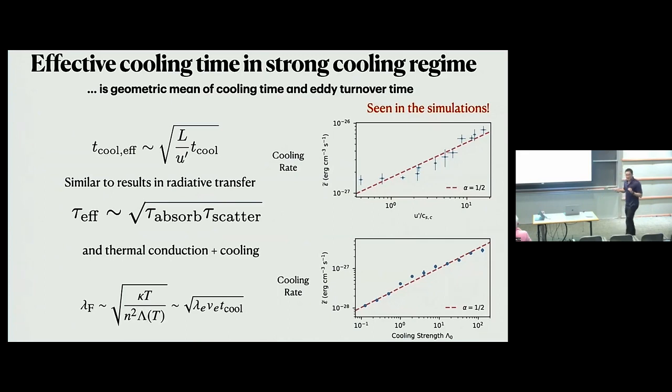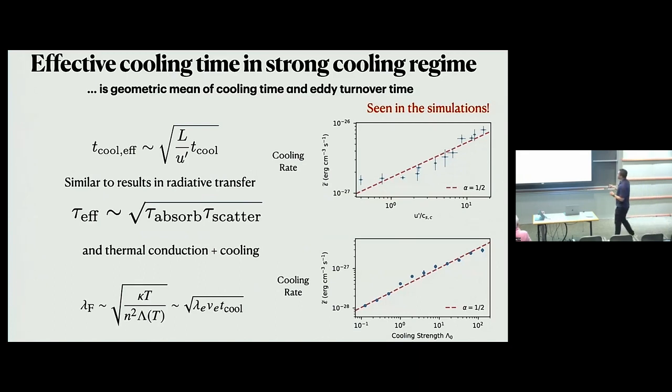Then you can make predictions for what the cooling rate should be for a piece of plasma, and then you can test whether the scaling works. It's not just the cooling rate, it's not just the eddy turnover rate, it's the geometric mean of the two. And indeed, in the simulations, in the mixing layer, you can see that you reproduce these scalings.